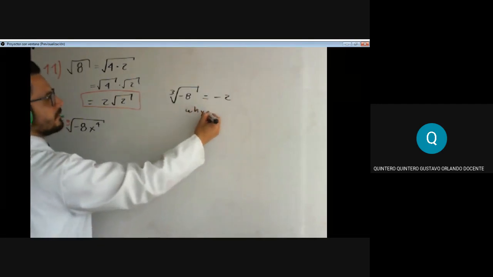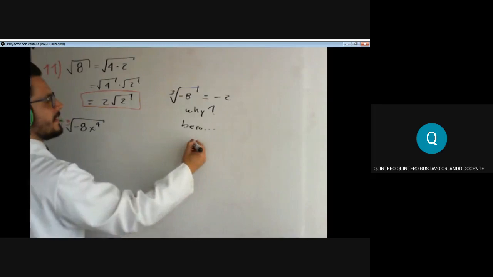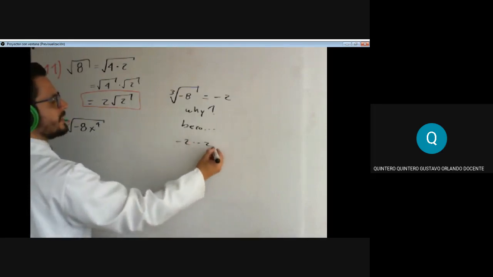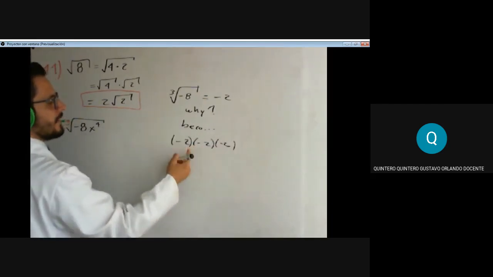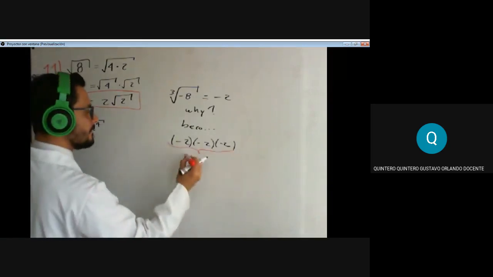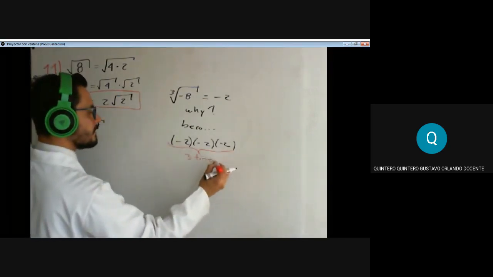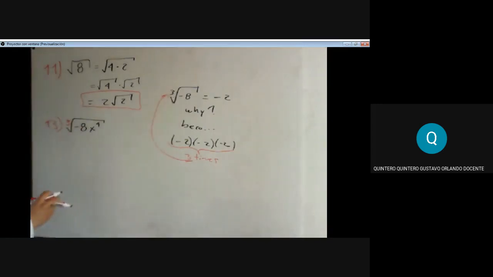Why? Well, because -2 by -2 by -2, let me change this for parentheses, there. These 3 times, right? Why 3 times? Because we have a root of 3.